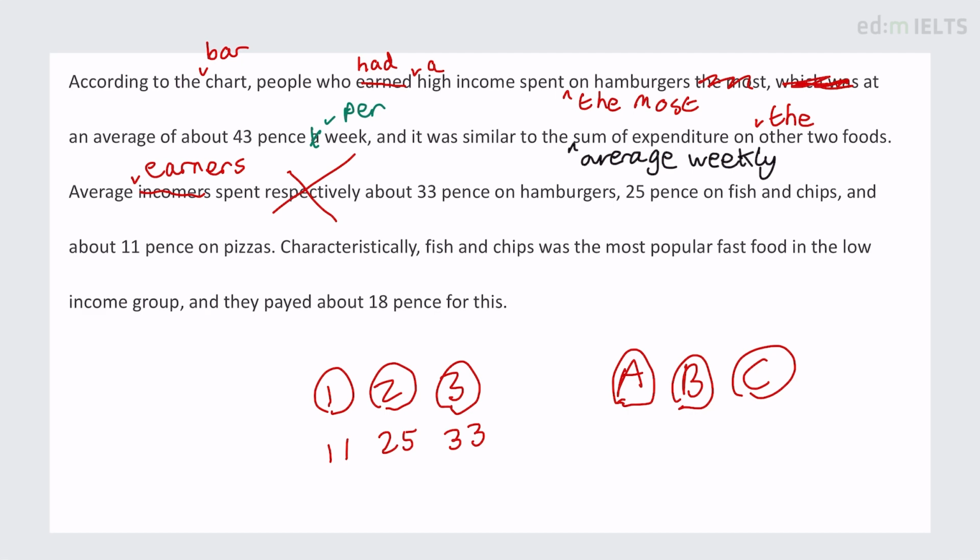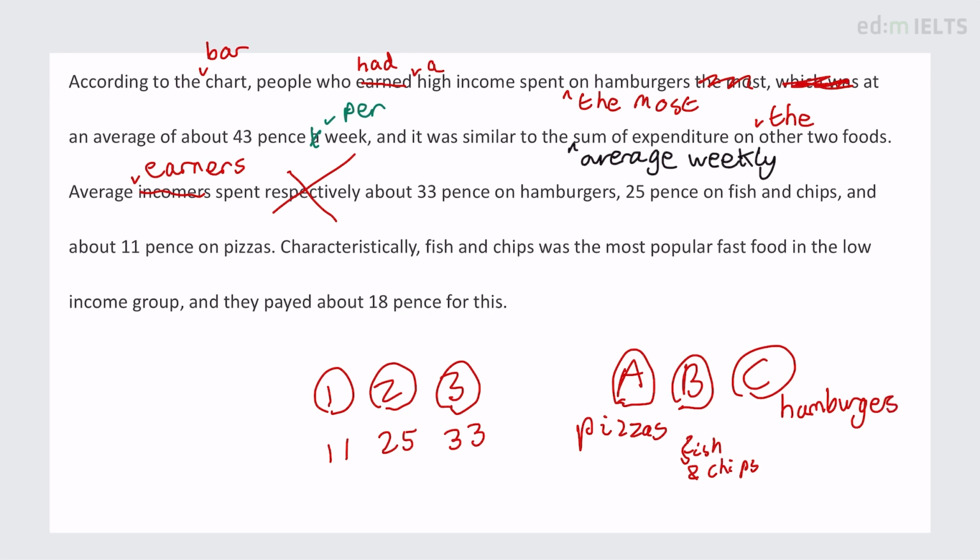So 11 pence, that would be for pizzas, right? 25 pence, that would be for fish and chips. 33 pence, that would be for hamburgers.